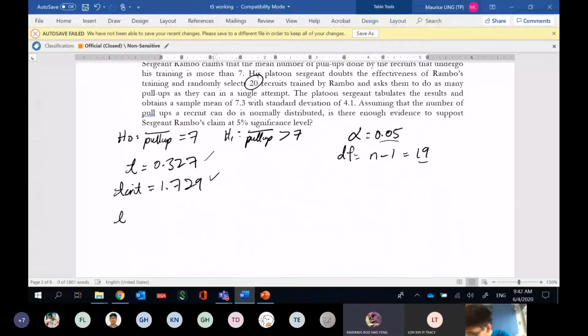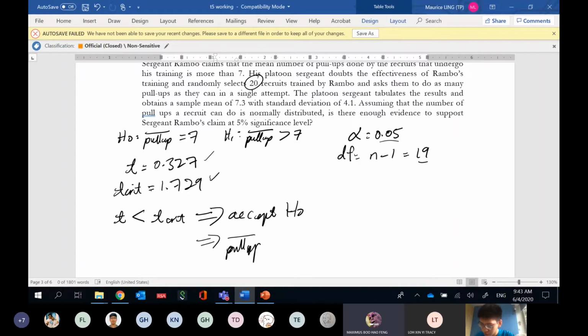Correct. So T is less than T critical. So you accept the null hypothesis. Don't reject anything, don't touch the alternate hypothesis. Okay, then what does accepting the null hypothesis mean? That the average pull up is 7. Okay, correct. That's it.